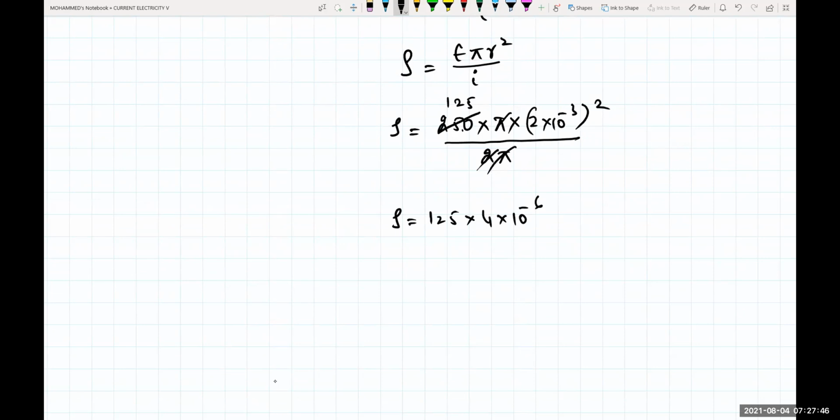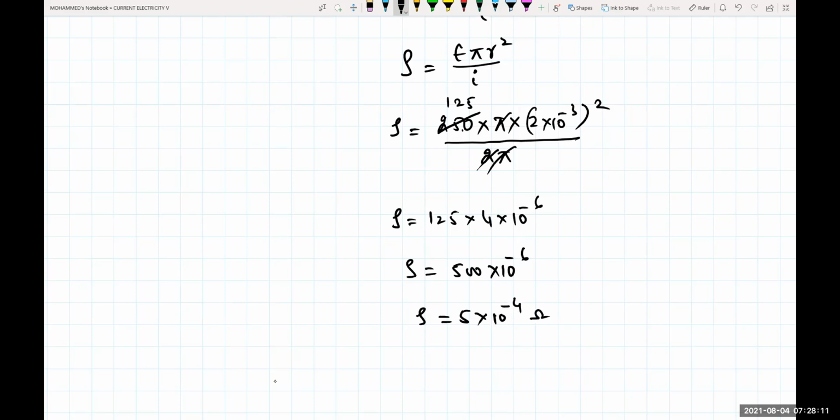250 into 125 into 4, how much is that? That's 500. So rho is equal to 500 into 10 to the power of minus 6, and then 5 into 10 to the power of minus 4.